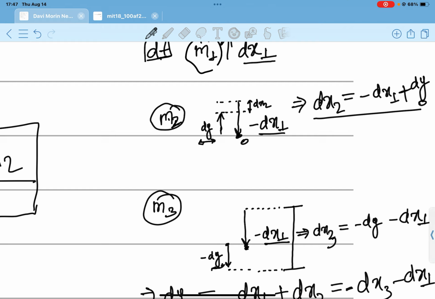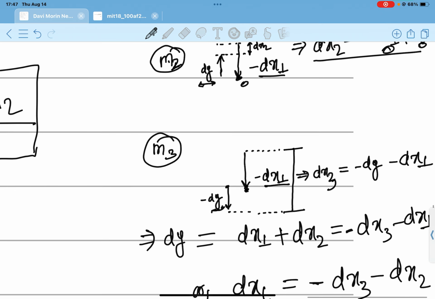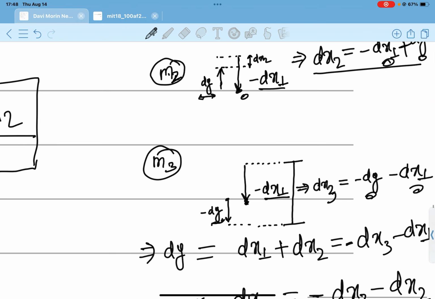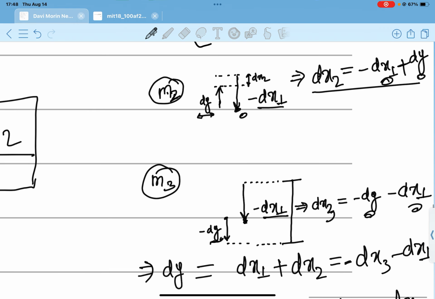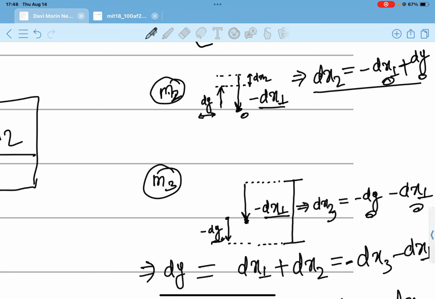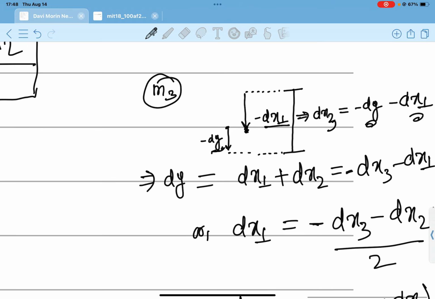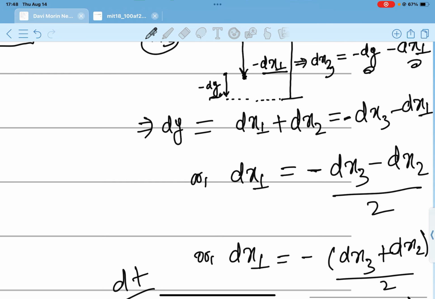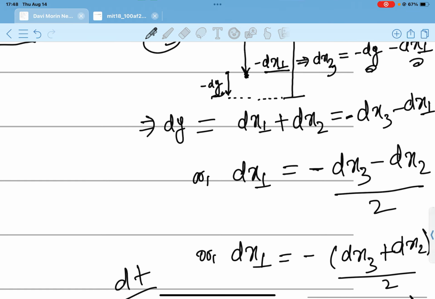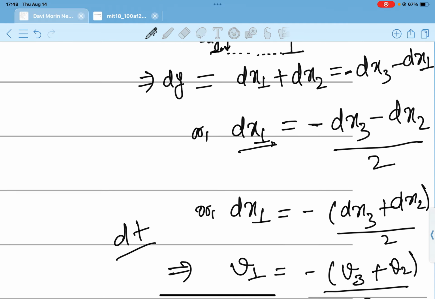So dy was the upward movement, so positive, dx1 was the downward movement, so negative, and for the second mass both distances are downward, so we get this relation. And from these two equations of m2 and m3, by equating the values of dy, we get this equation, and from this equation we get the value of dx1 as follows.